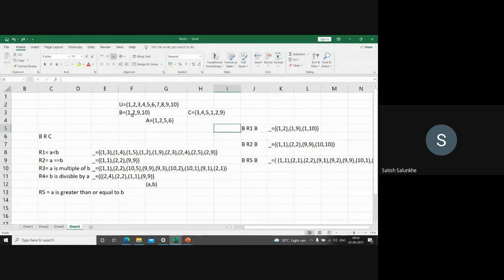For example, element 1 belongs to set B, but (1, 1) is not there in this relation R. Therefore, this property is not holding. At least one counterexample we need to give.